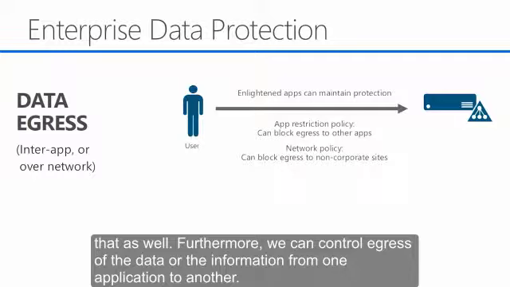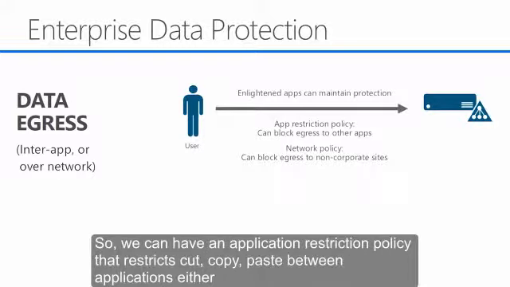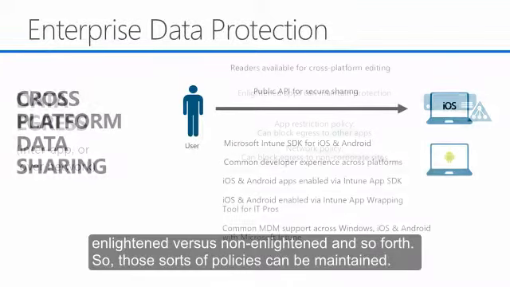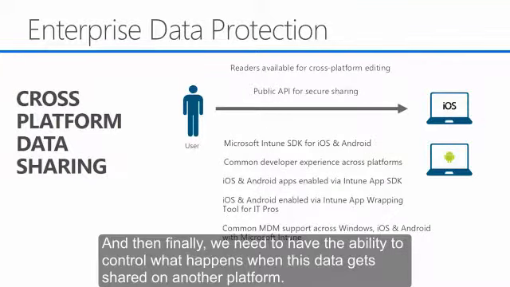Furthermore, we can control egress of the data or the information from one application to another. So we can have an application restriction policy that restricts cut, copy, paste between applications, either enlightened versus non-enlightened and so forth. So those sorts of policies can be maintained. And then finally, we need to have the ability to control what happens when this data gets shared again on another platform.